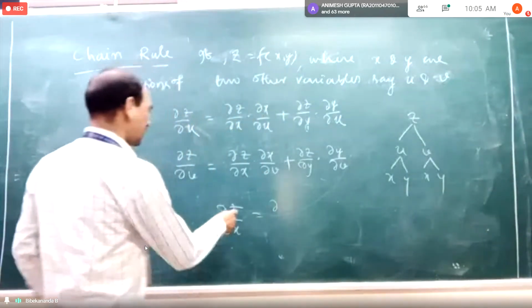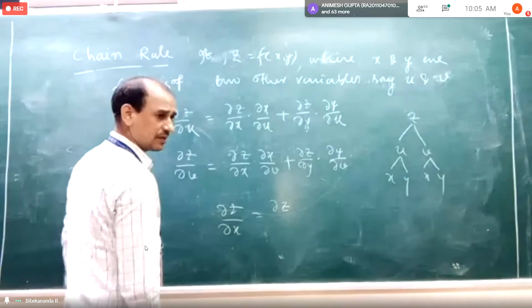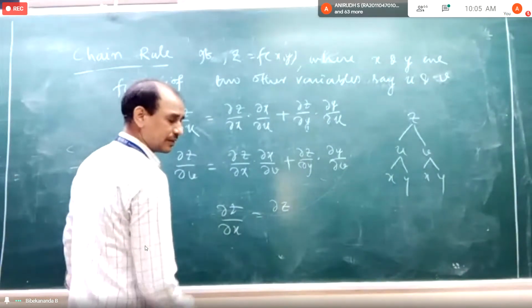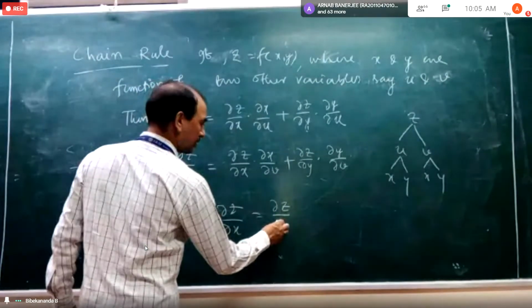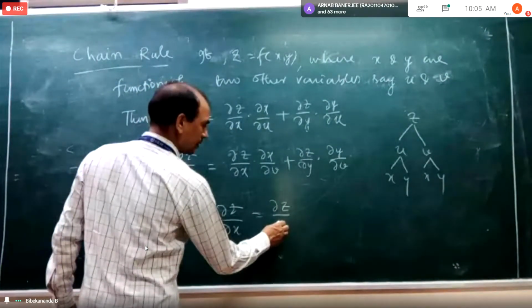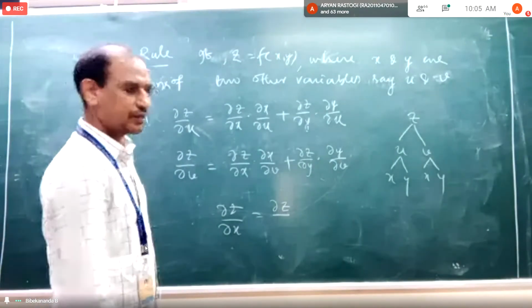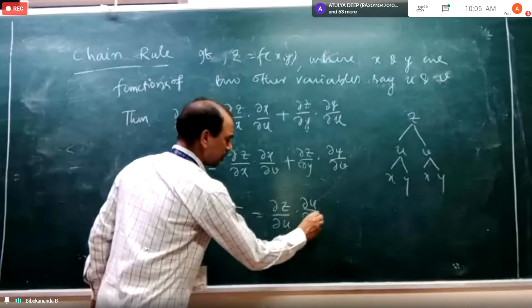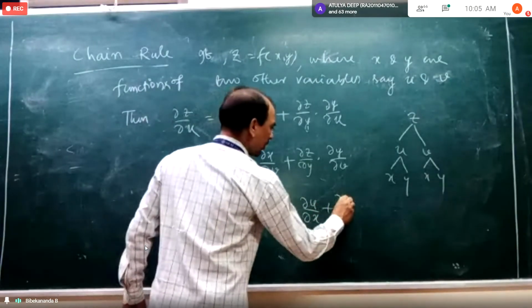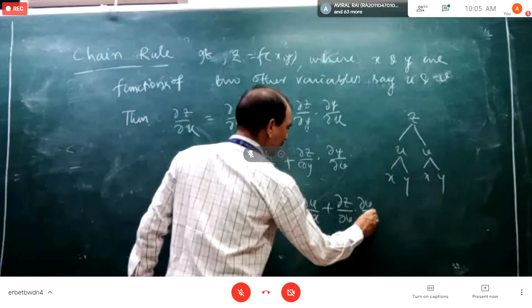So what will be the partial derivative of z with respect to x? ∂z/∂u into ∂u/∂x plus ∂z/∂v into ∂v/∂x.